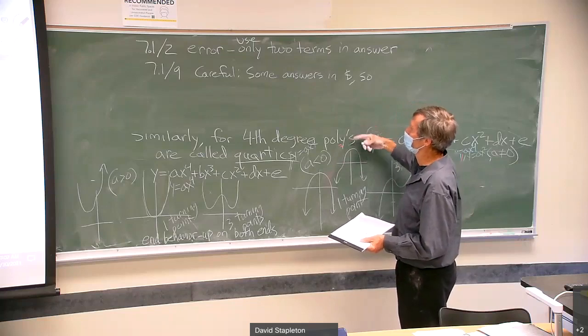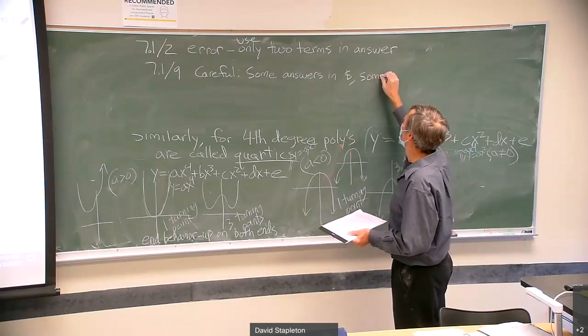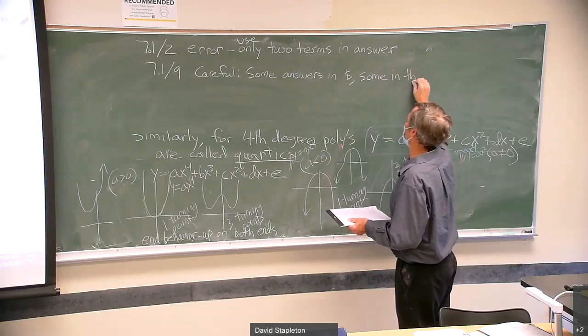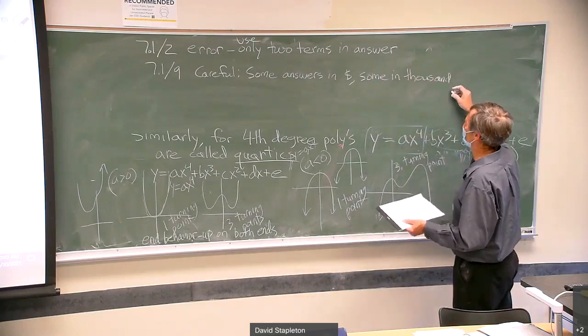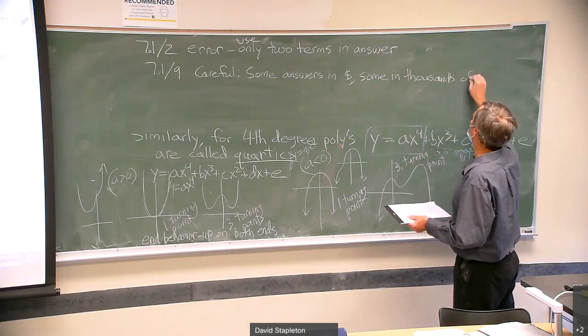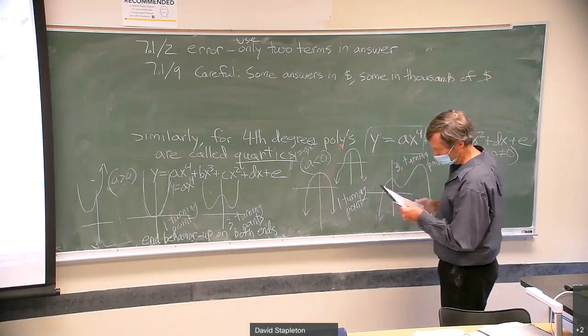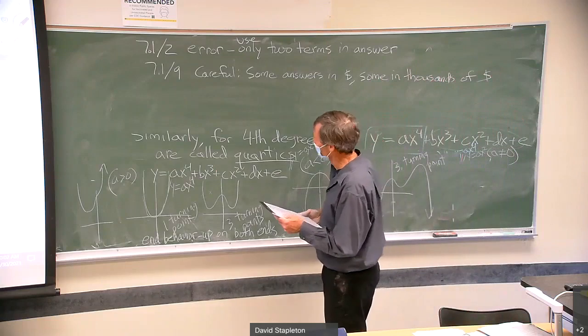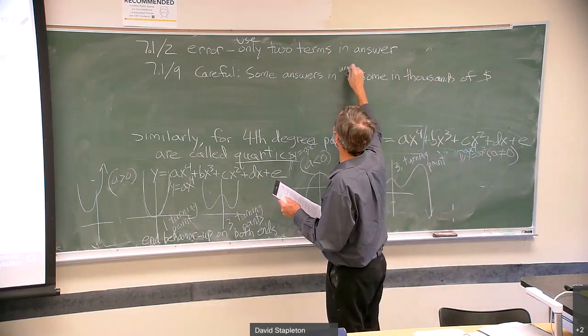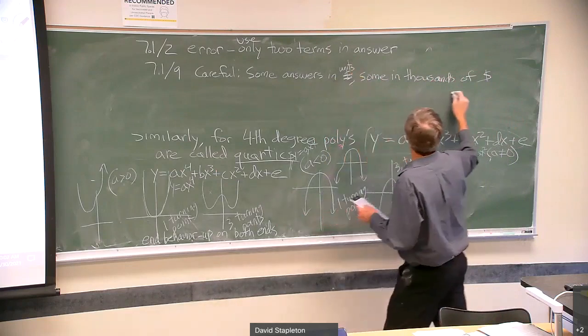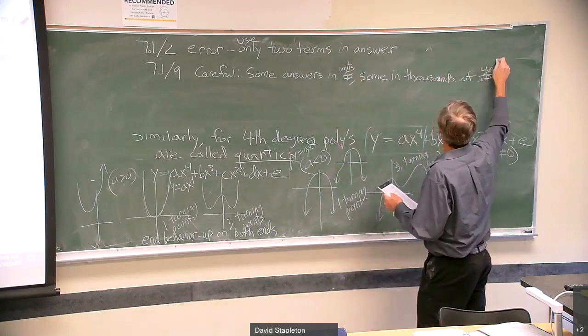Some of them want thousands of dollars, some of them want dollars. It's confusing. The answer is correct, but you want to make sure it doesn't mess up. I think it's dollars. So some answers in units, might be dollars, and some of them thousands of units.